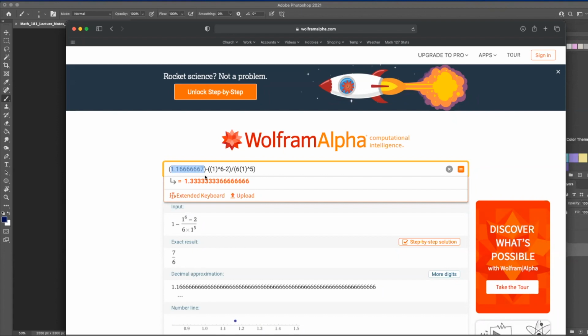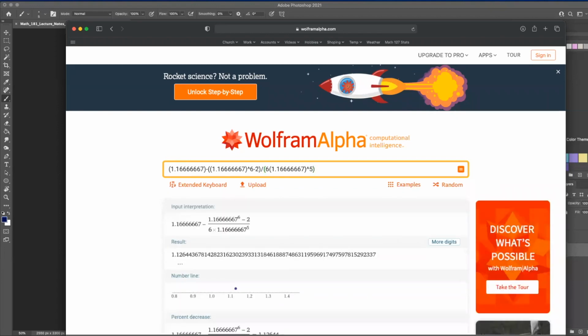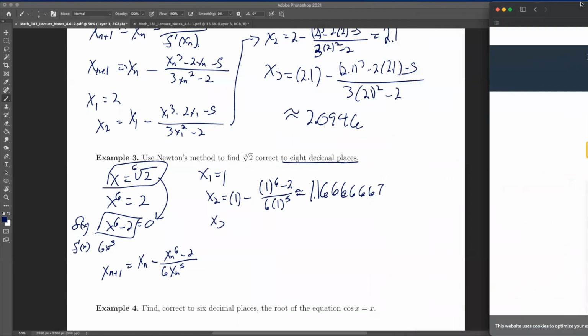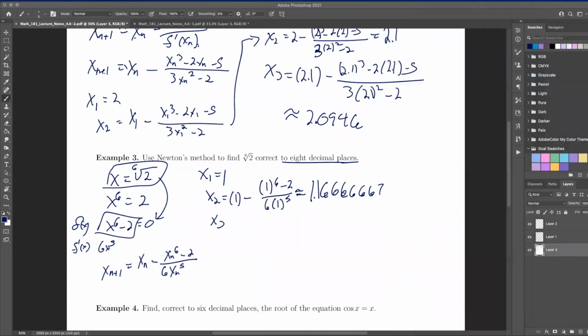I'm just going to hit copy and paste. And I get my next approximation here. All right, so let's write that one down. And so this is approximately equal to 1.2.